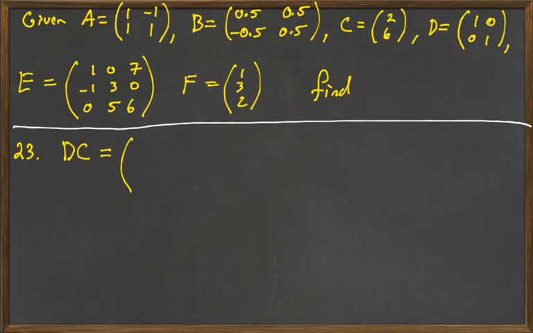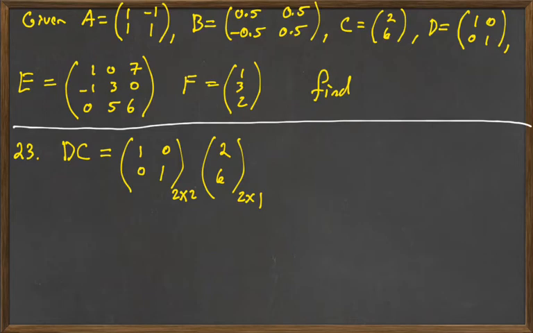For our examples, we're going to multiply matrix D and C together and see what the dimensions are and if this multiplication is valid. So D is the identity for 2 by 2s, and that's a 2 by 2, and matrix C is 2 and 6. So that's a 2 by 1.